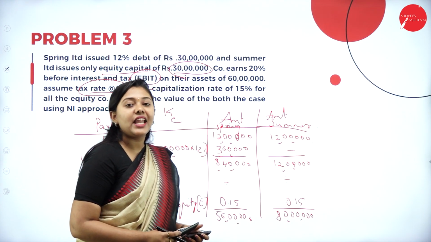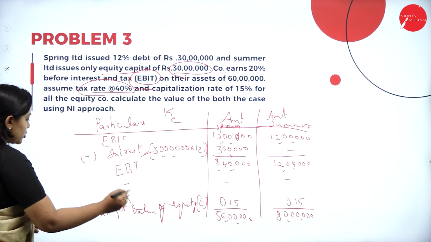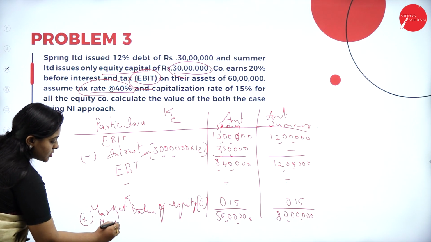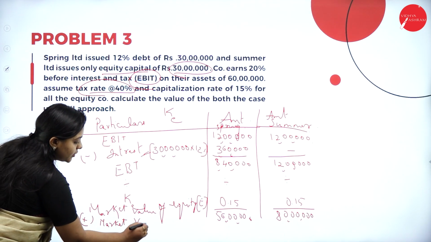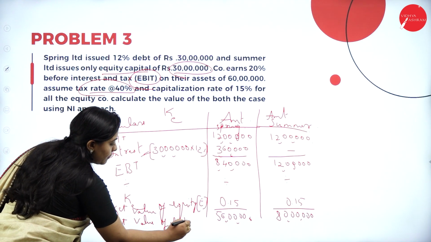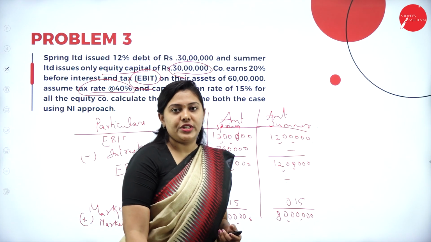So what is this 80 lakh? 80 lakh is your market value of equity. So for this, if you add market value of debt, that is your D, you will get the value of the firm.